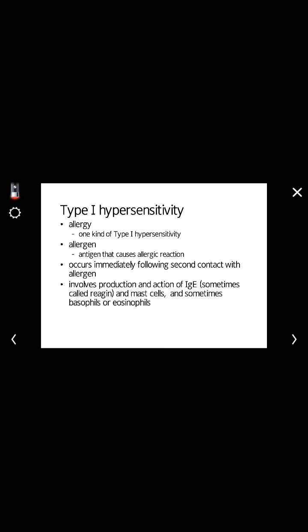It involves production and action of IgE, sometimes called reagin, and mast cells, and sometimes basophils or eosinophils. So with the environment, you generally come up with IgE, typically involved with mast cells, basophils, and eosinophils with allergies and sensitivity and hypersensitivity.